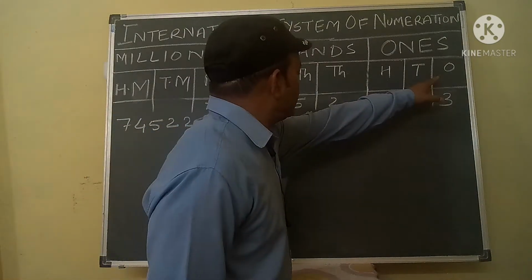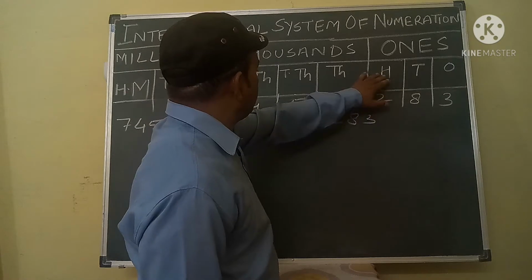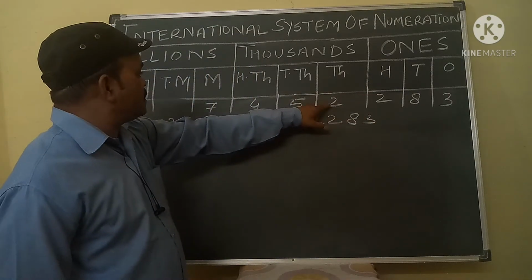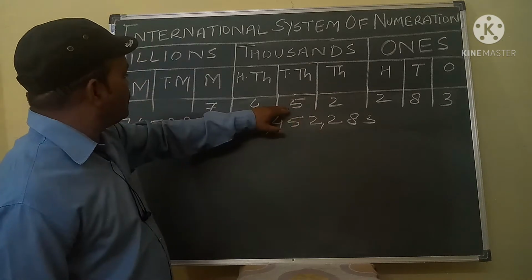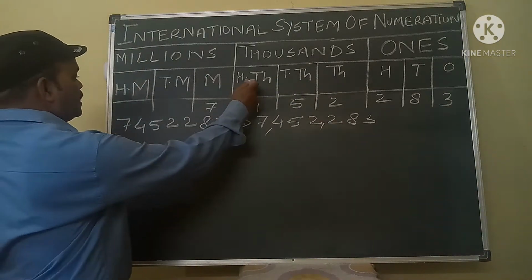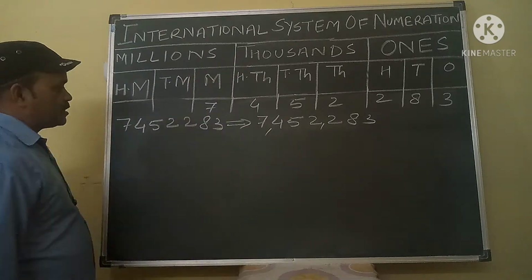3 is in ones place, 8 is in tens place, 2 is in hundred place, again 2 is in thousand place, 5 is in 10,000 place, 4 is in 100,000 place, 7 is in millions place.